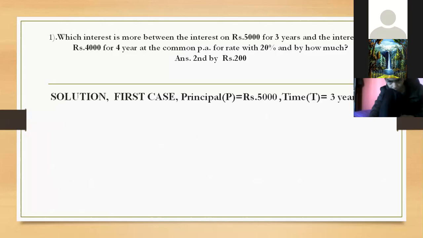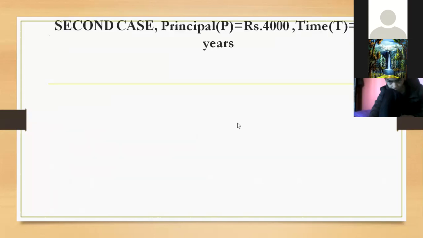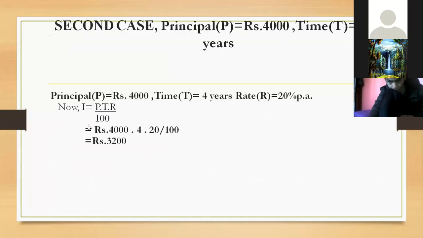Have you done like this? Look here. Which formula did you use? Interest equals P into R into T upon 100. Then you got the answer 3000. First interest is 3000. Second case, what was your interest? 3,200.